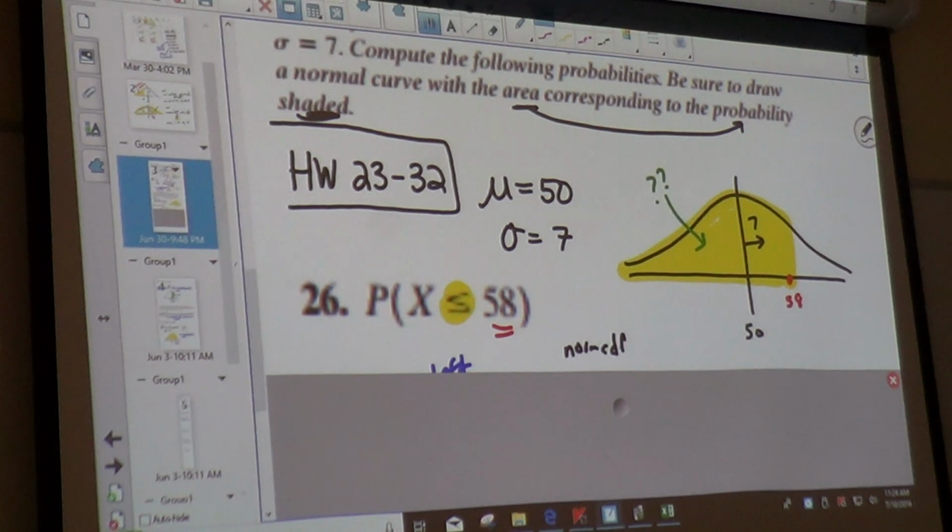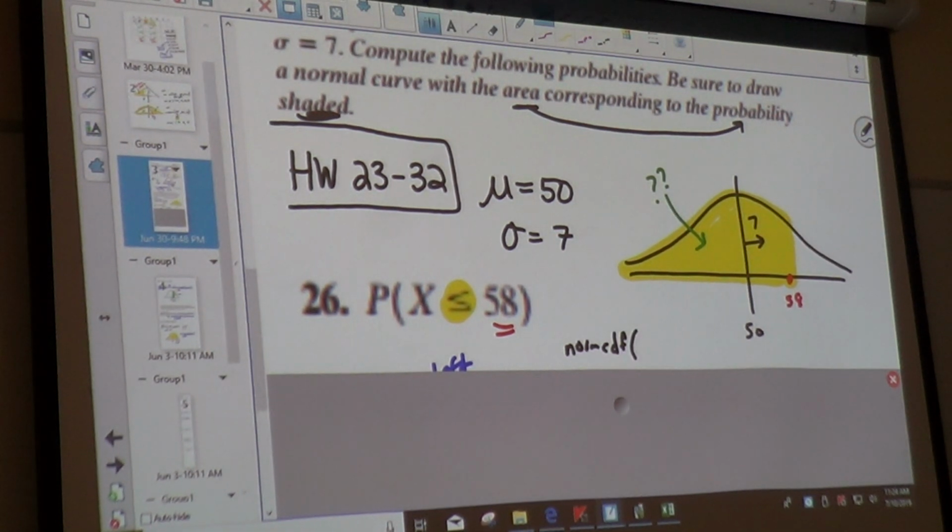So normal CDF, where does the shade begin? Negative 9999. Where does the shade end? 58. What is my mean? 50. And what is my standard deviation? 7. So it's where shade begins, shade ends, mean, and standard deviation.